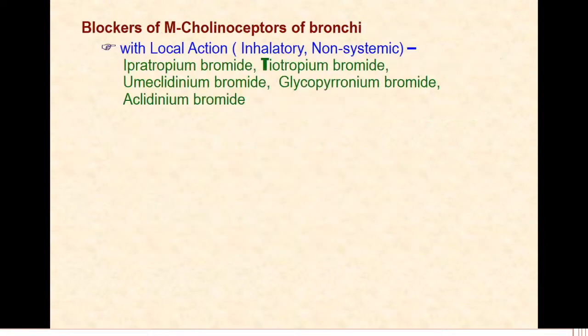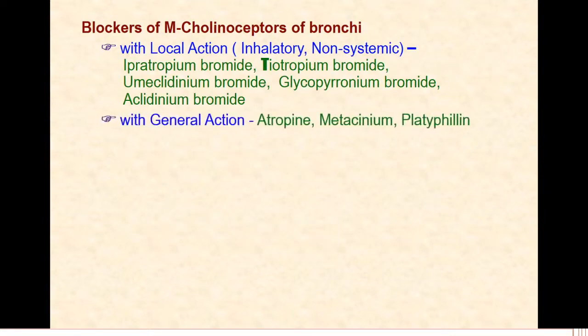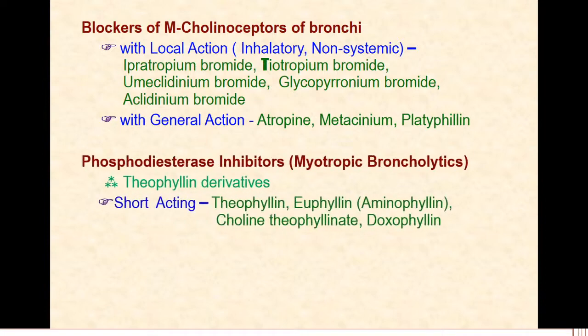Next group, blockers of M-cholinoreceptors. We distinguish drugs with general action, traditional drugs, atropine, metacinium, platyphylline.